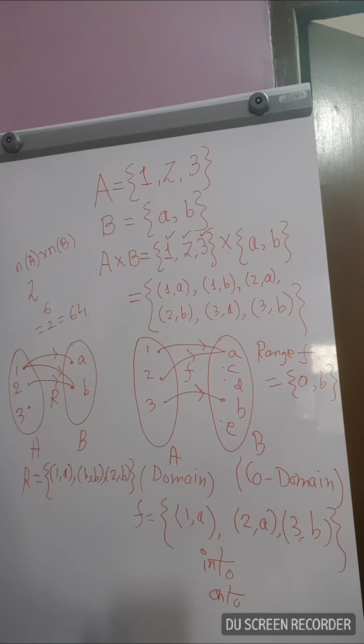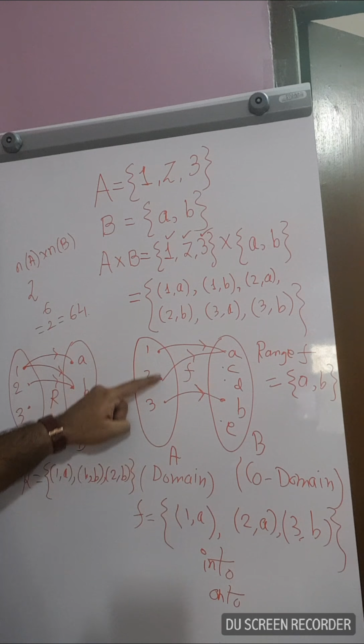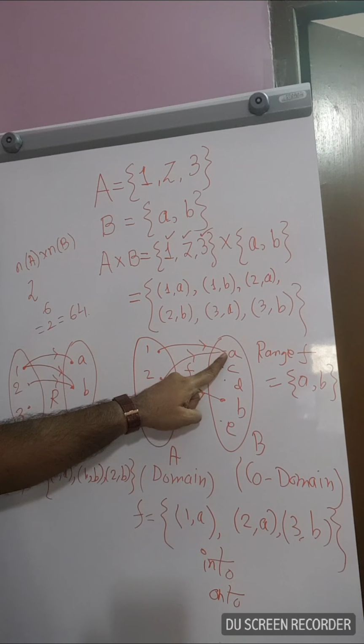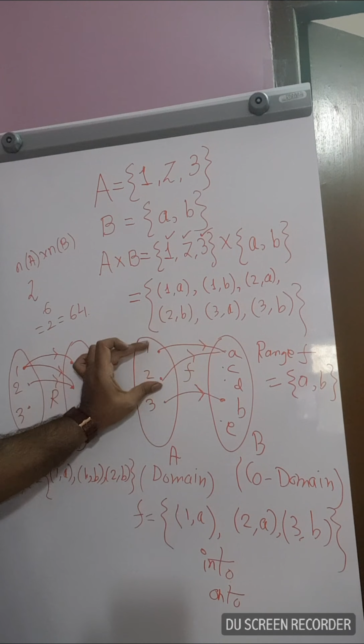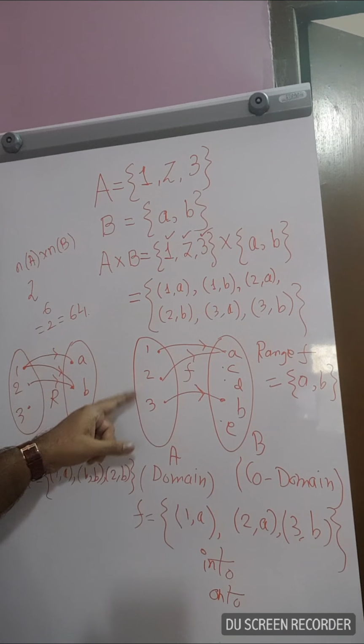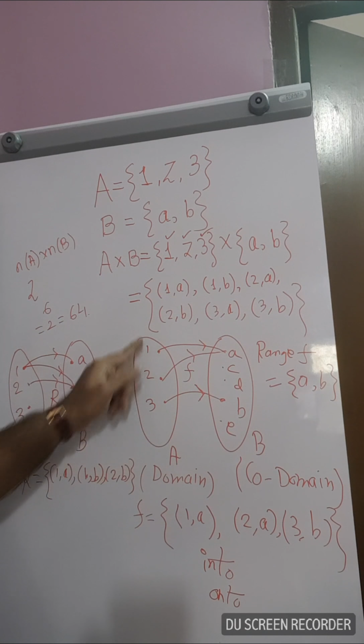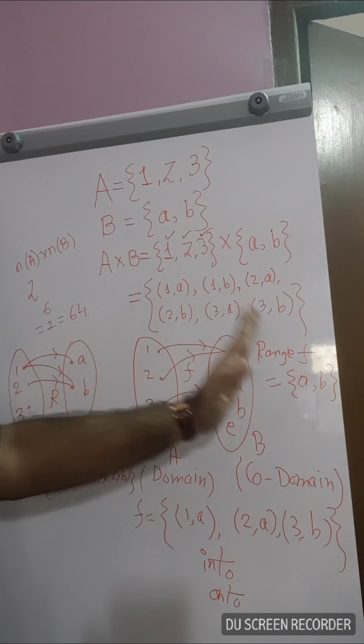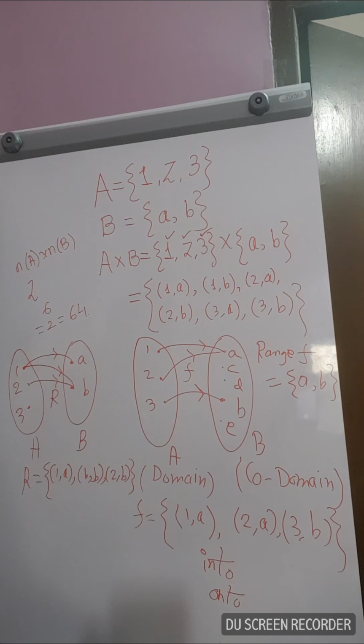By many-one function we mean that more than one member of the domain is linked to one member of the codomain. So this is many-to-one association, many-one function. Whereas if different elements of the domain are linked to different elements of the codomain, we call it a one-one mapping.